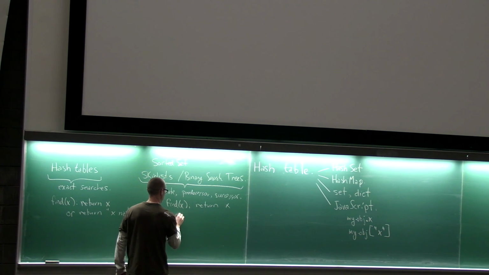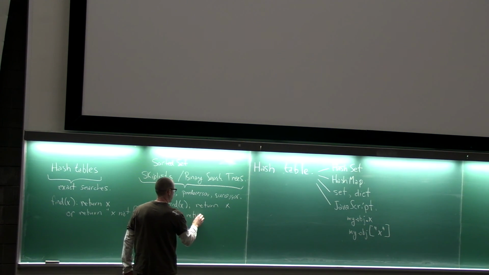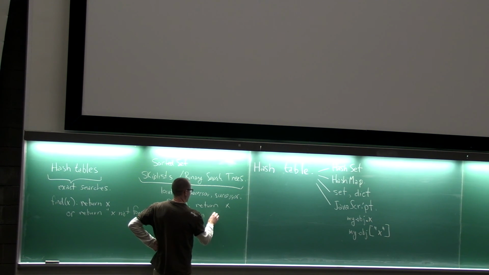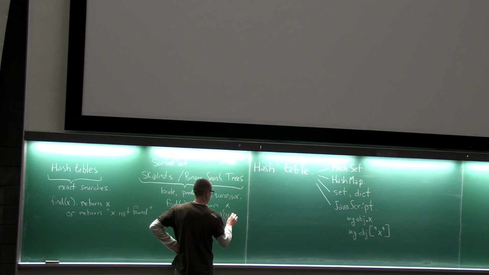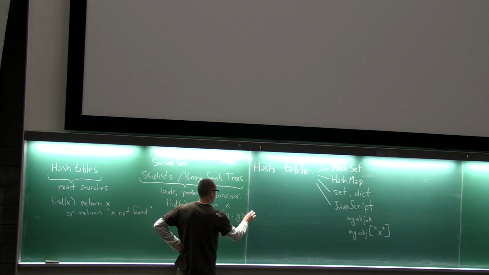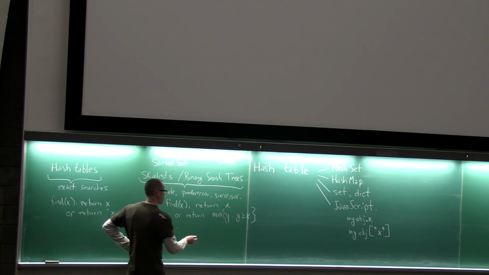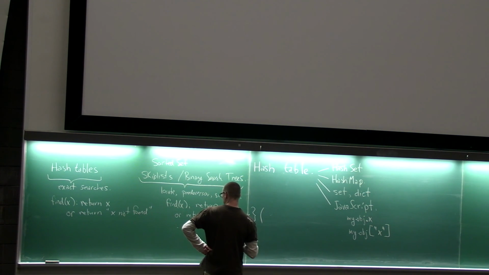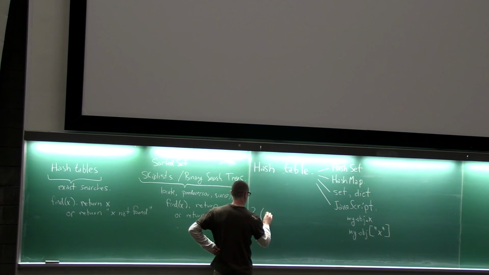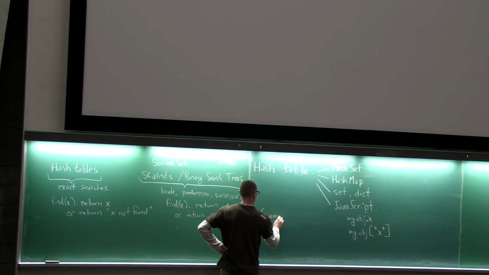or return something like the minimum Y such that Y is bigger than or equal to X. So the smallest value bigger than or equal to X is called the successor.